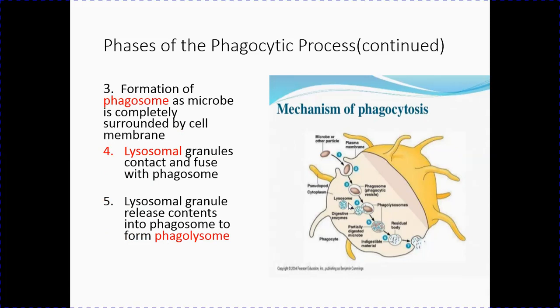The phagosome is formed when the microbe is completely surrounded by the cell membrane. Then lysosomal granules from within the phagocytic cell come in contact with the phagosome, containing at that point just the microbe, and they fuse together. Lysosomal granules then release their contents into the phagosome.